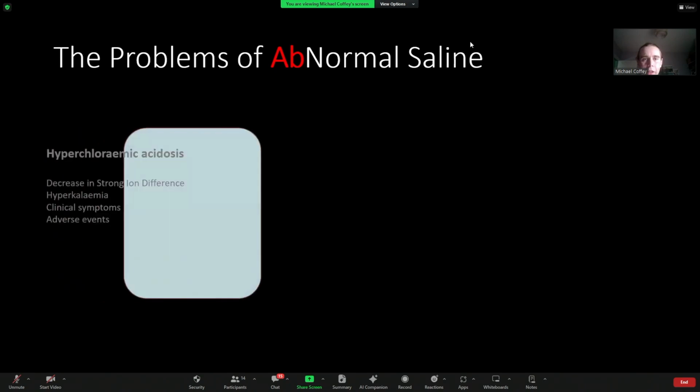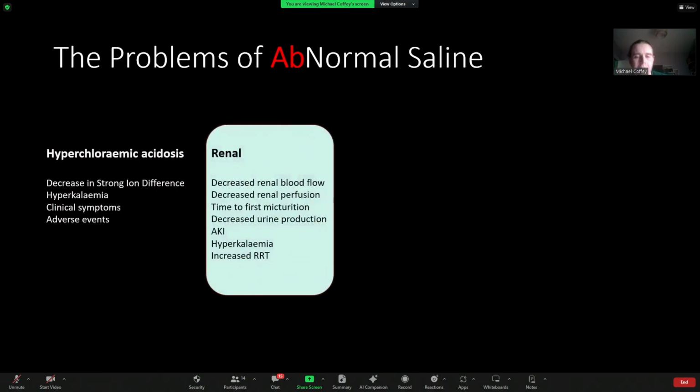We also know that there's evidence to suggest that saline affects renal hemodynamics, with decreased renal blood flow velocity and perfusion when compared with balanced solutions. And there's an association with increased need for renal replacement therapy, increased AKI, and long-term renal dysfunction.